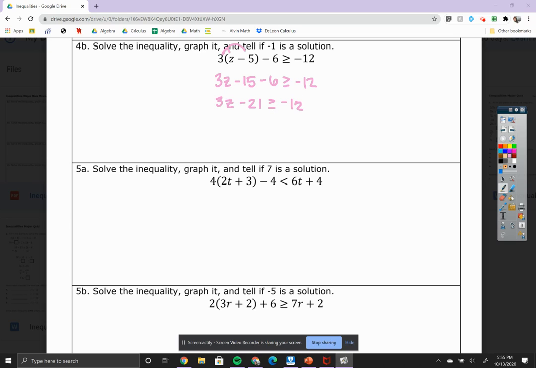To get rid of this negative 21, I need to add 21. So I get 3z greater than or equal to 9. Then divide by 3 on both sides, which means z is greater than or equal to 3.